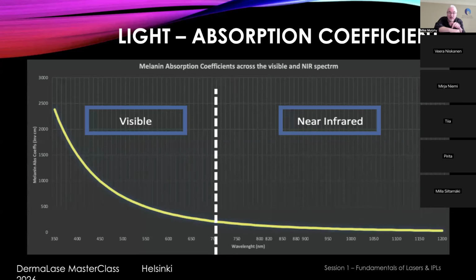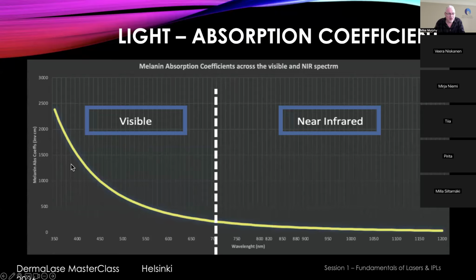So the idea is that ultraviolet hits your skin, the melanin in the melanocytes or the melanosomes absorbs that UV to stop it from penetrating into the dermis, because we don't want ultraviolet light in the dermis.